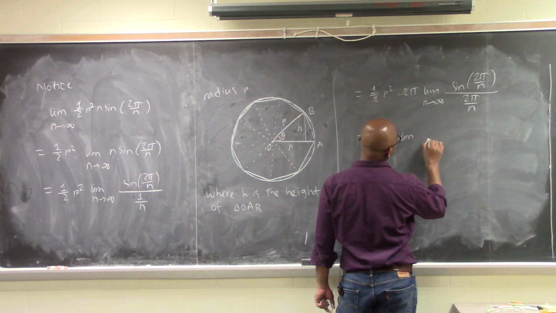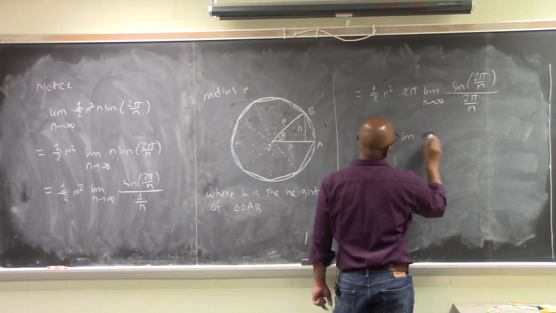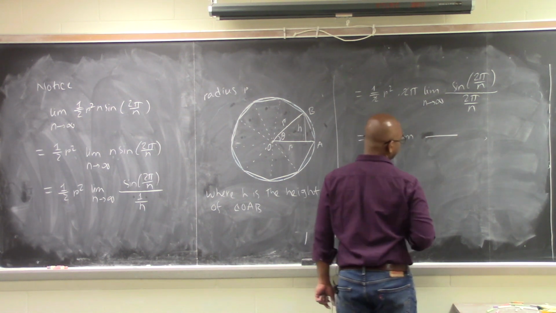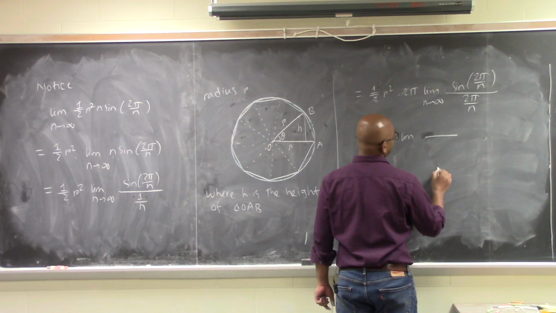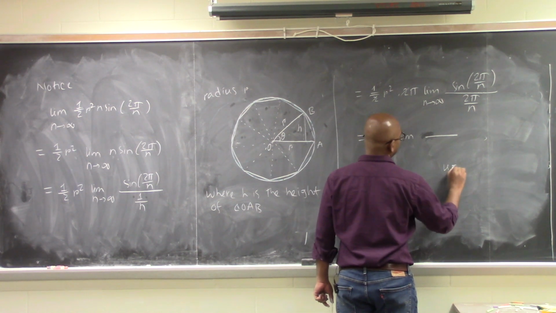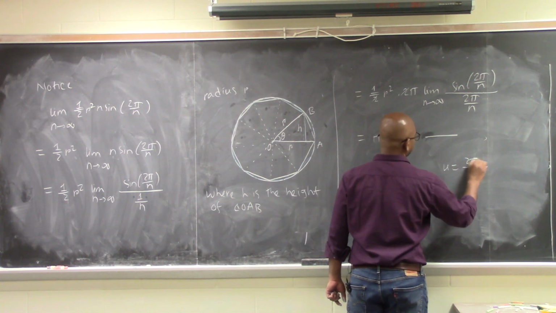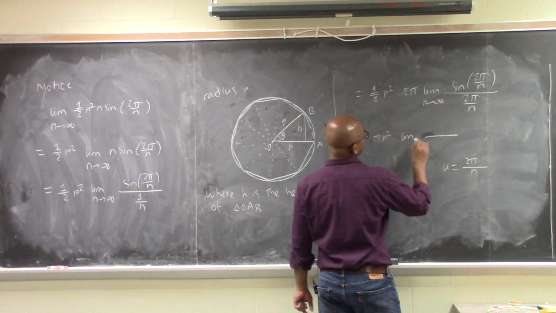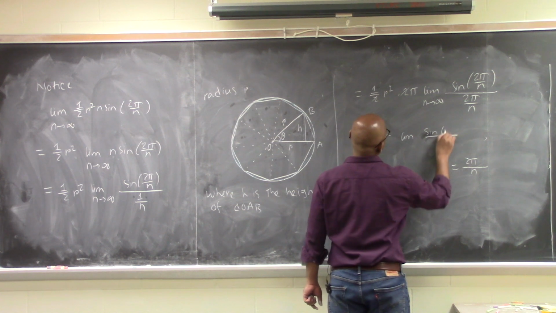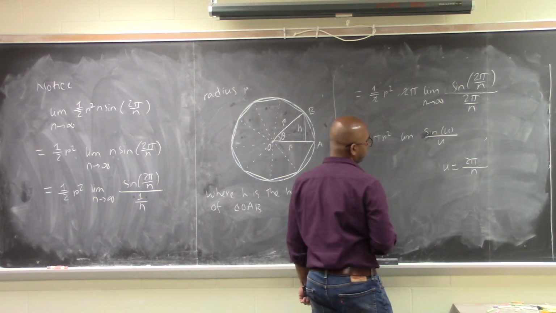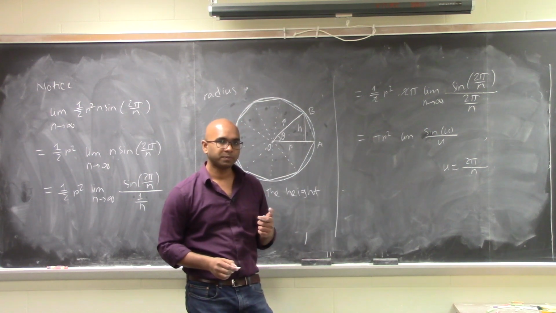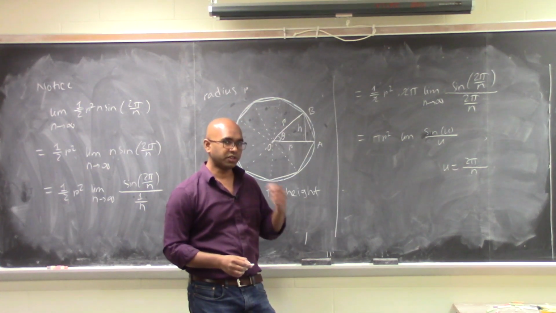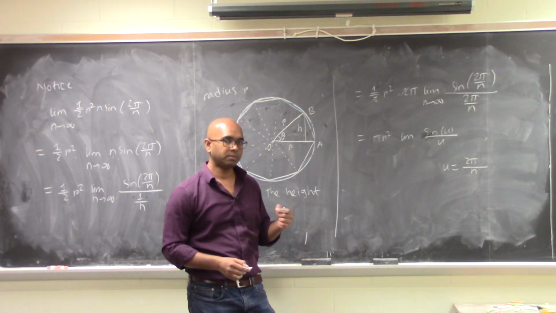So what should I do here? Okay, let's call this guy u equals 2 pi over n. Then this is sine u over u. And as n goes to infinity, where does u go? u goes to 0 from the right.